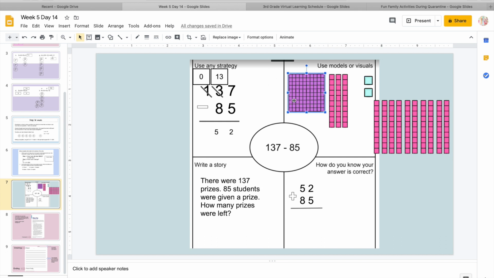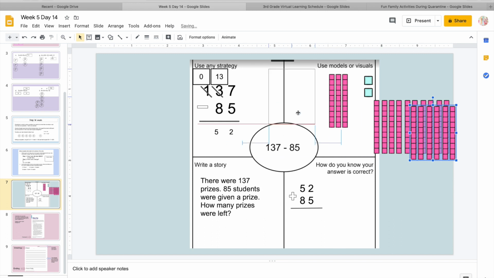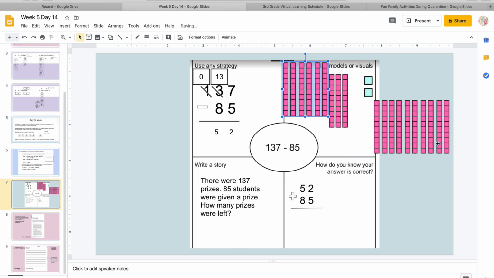So I'm going to take this 100 and I'm going to split it apart into 10 of these. So I'm going to do that, and then I need 1, 2, 3, 4, 5, 6. There's 6, but I need 4 more because I need 10. 2, 3, 4.